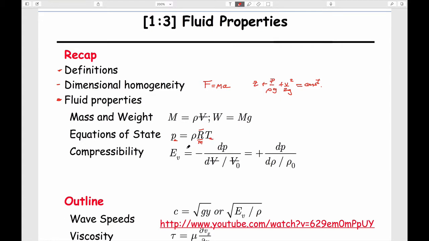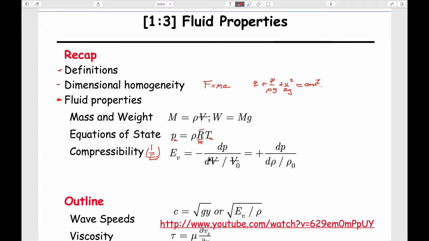We talked about compressibility, which is actually 1 over bulk modulus. And bulk modulus is just the response of a material, a solid, a liquid, or a gas, to a pressure change, the volumetric response to that pressure change.